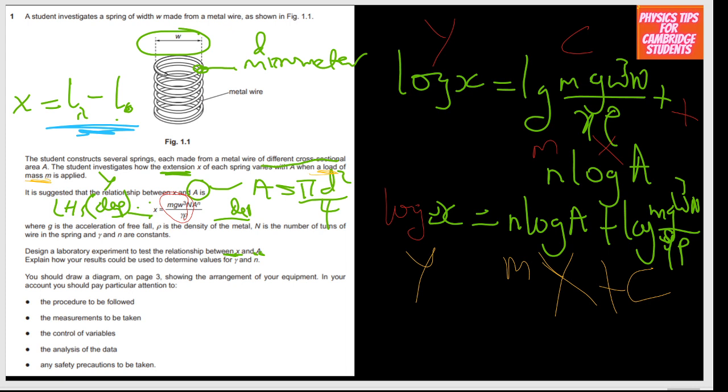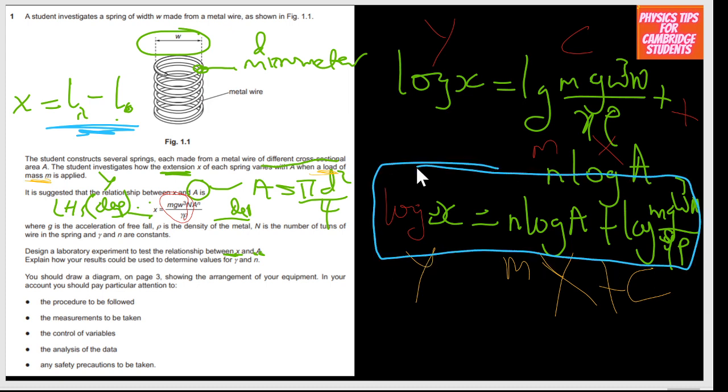Now moving on to the method of data analysis. Since I've already helped myself here by clearing the air and linearizing this function over there, it's now easy for me to know what I'm going to plot against what.